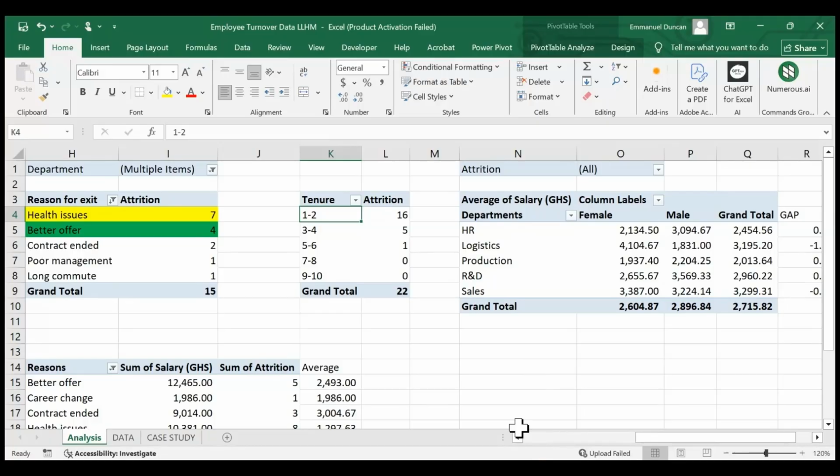Considering the reasons for why these employees are leaving, I would recommend that since most of it is health issues, there has to be an occupational health and safety policy which will help guide their work in their environment.